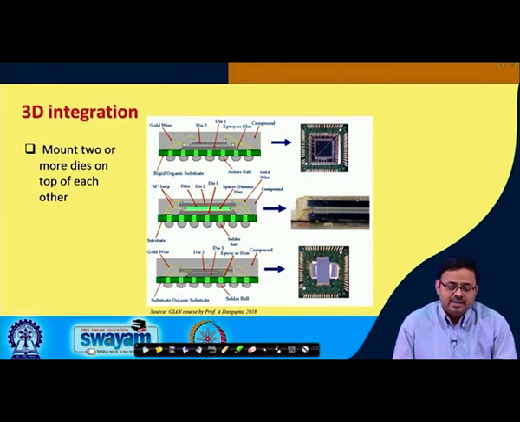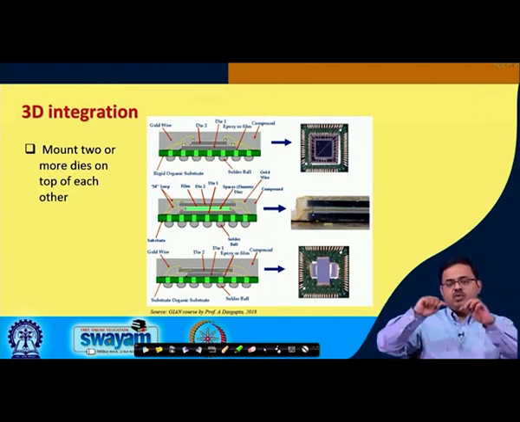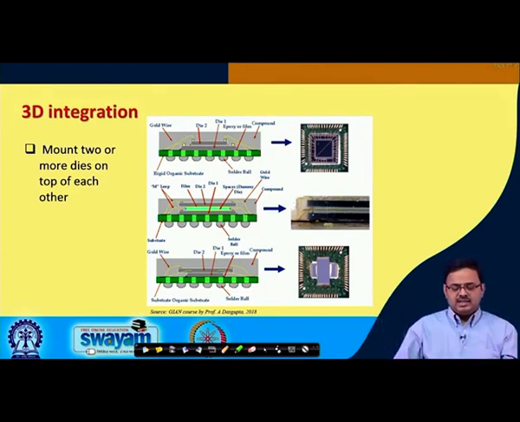The next one that you see is again two dies, but here die 1 and die 2 are more or less of the same dimensions, and between the two there is a dummy die or a spacer die. That is required so that you can route these wiring traces on the two sides.